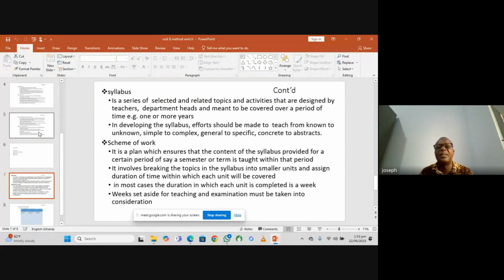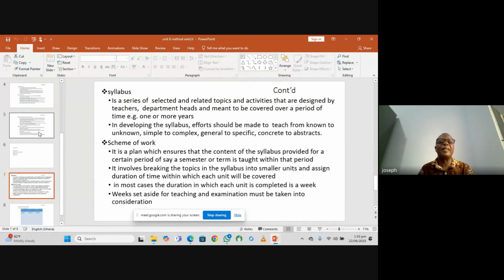You know what to teach and what not to teach at what point in time. Because if you don't plan your scheme, you may plan too many topics in the term and you can't cover them. Or you may plan too few topics and you finish and still have enough weeks left to cover.